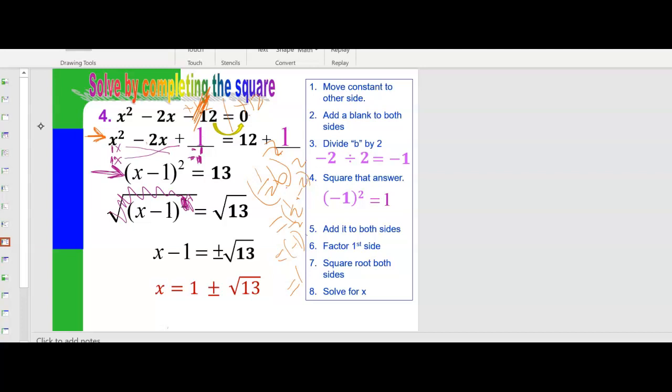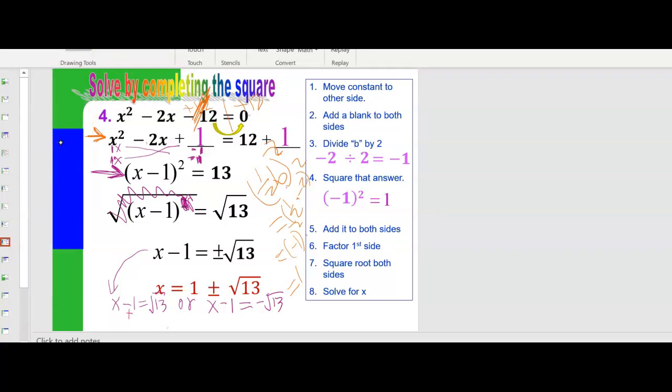And here it just gives you the result, but how do we get it? So turn it into two little equations. One is x minus 1 equals positive square root of 13. One is x minus 1 equals negative square root of 13. And keep solving it.